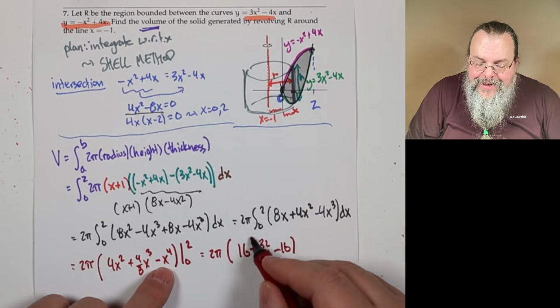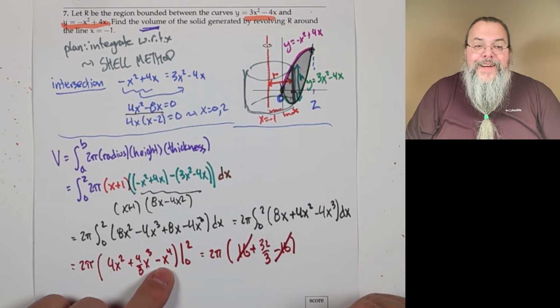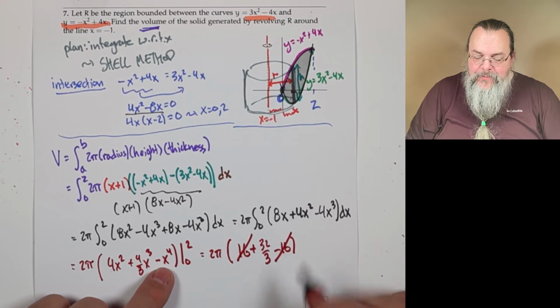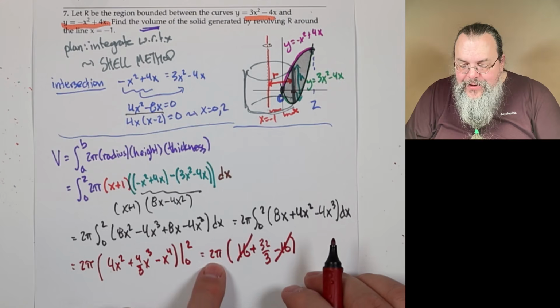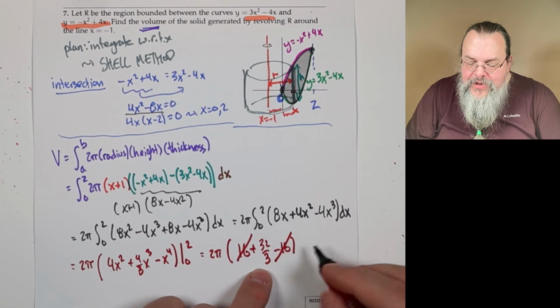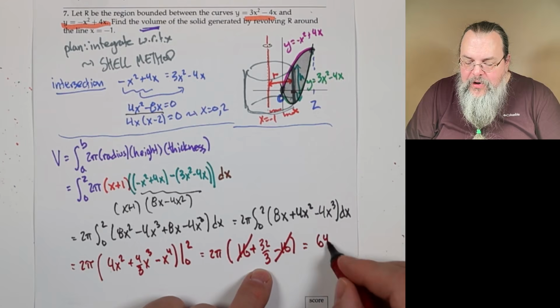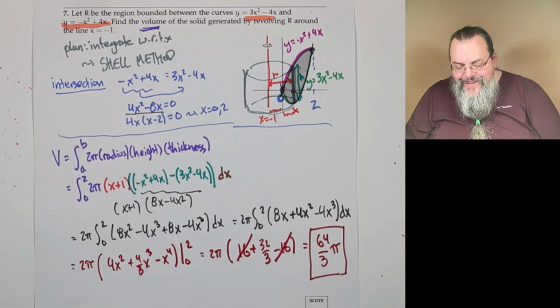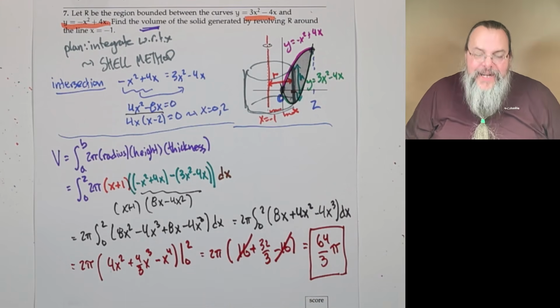It's almost like they want it. The 16s cancel. That's going to make it really easy to simplify. We're almost there. 2 pi times 32/3 leaves us with 64/3 pi. Oh, nice. We did it.